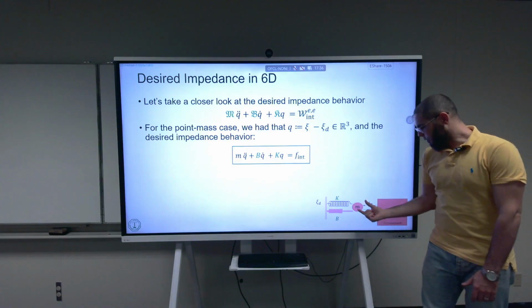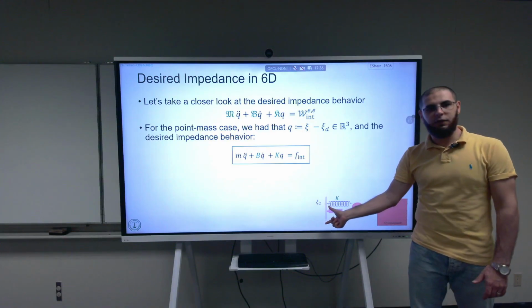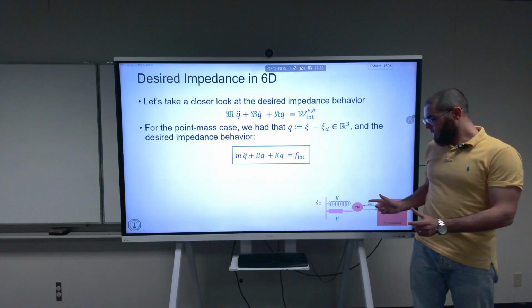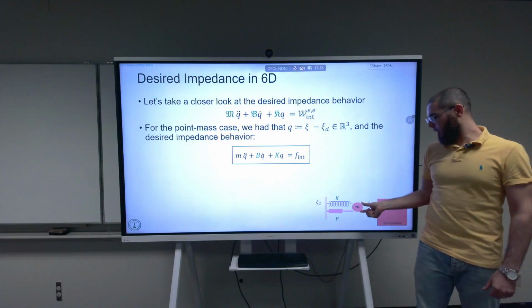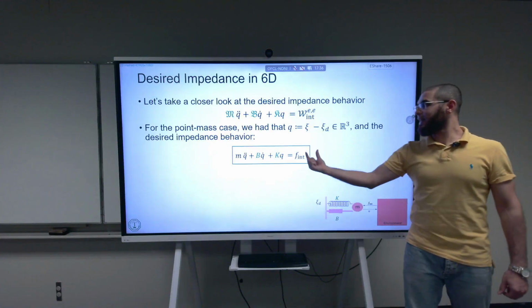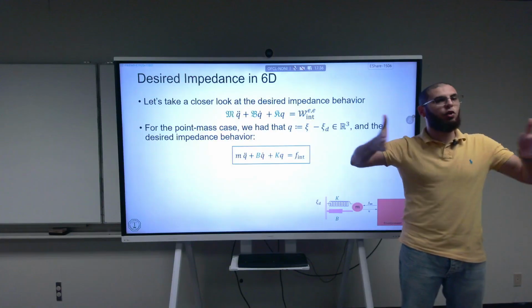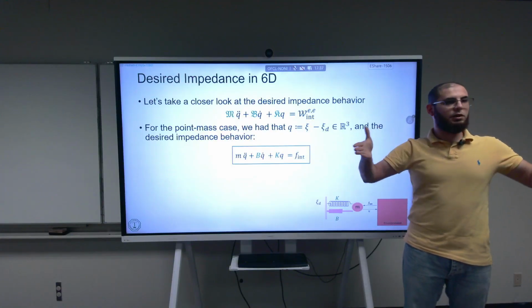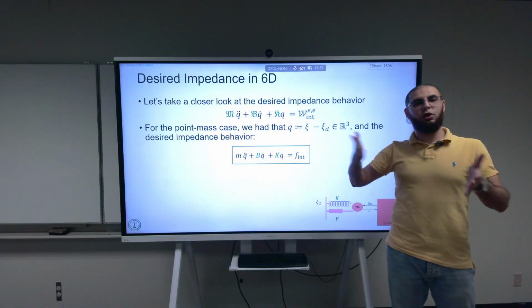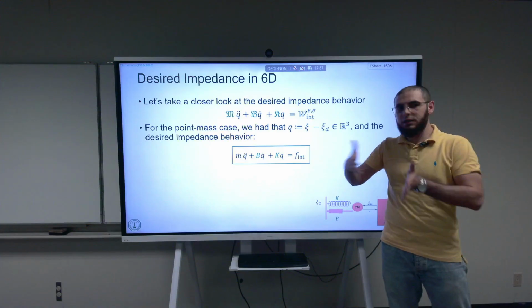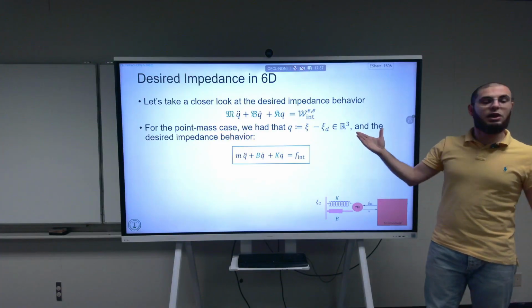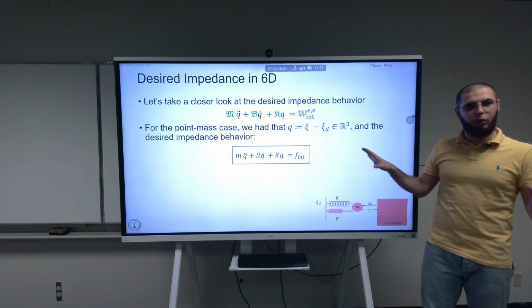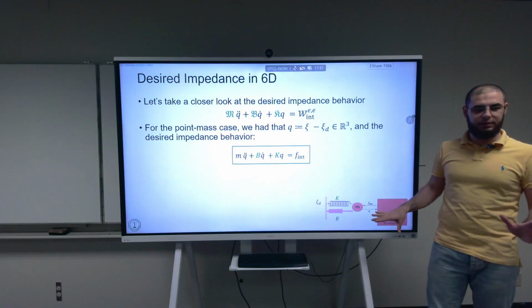The two ends of the spring and the damper are defined by psi and psi desired. That's exactly what Q is. So Q is simply the elongation of the spring, and Q dot is the derivative of that variable. Everything here was R3, so we did not face any problems because this was the planar case.